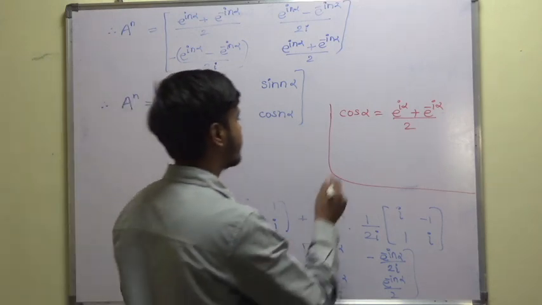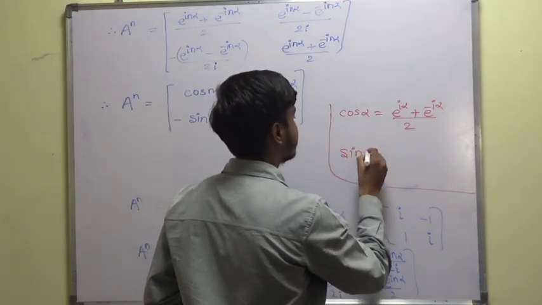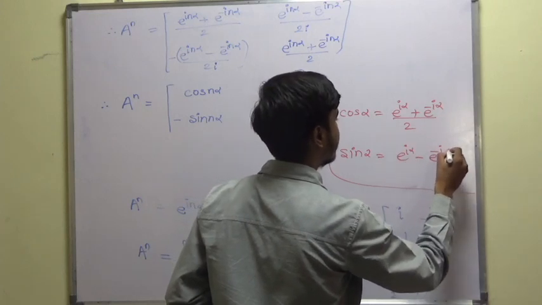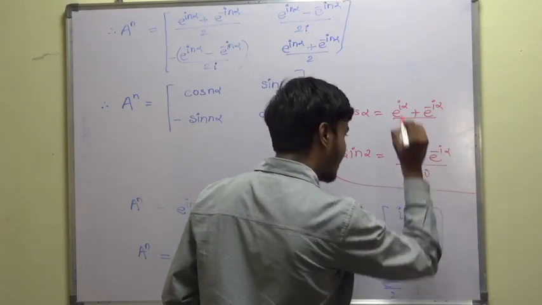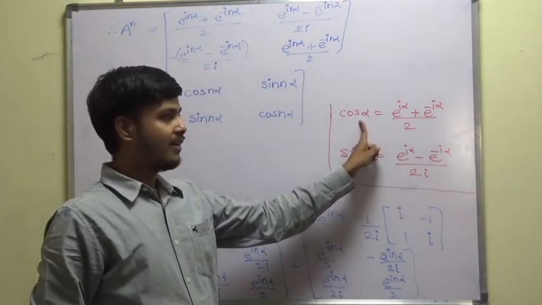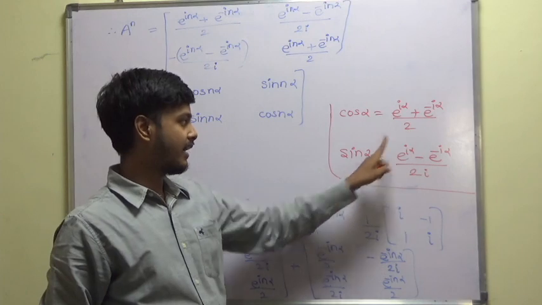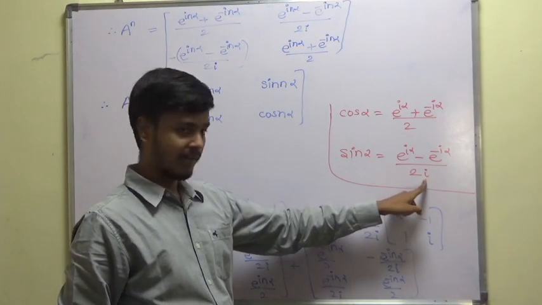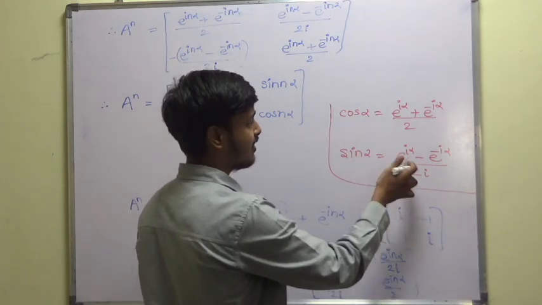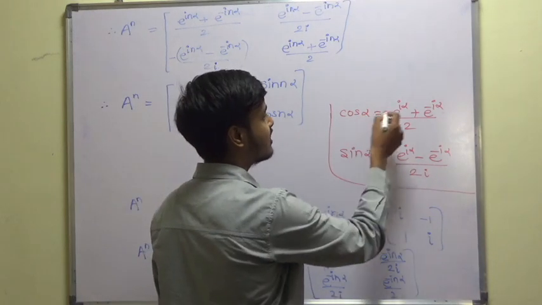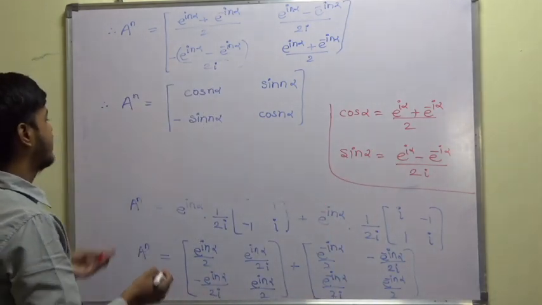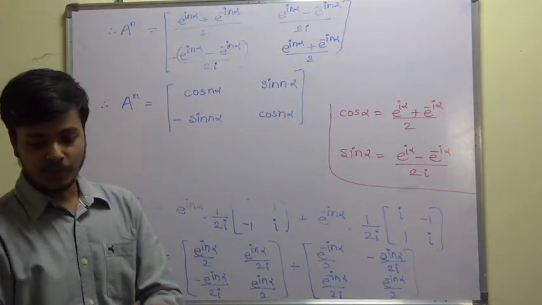Okay, and sine alpha is e to the power i alpha minus e to the power minus i alpha by 2i. This being the real part, no i is there, and this being the imaginary part, there should be i in the denominator. Okay, so this is for alpha. For n alpha it should be i n alpha. Okay, likewise. So this is what we wanted to prove.